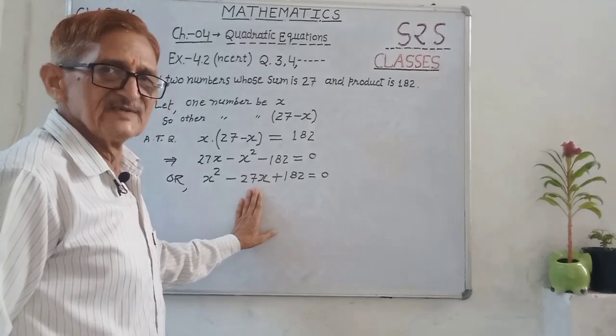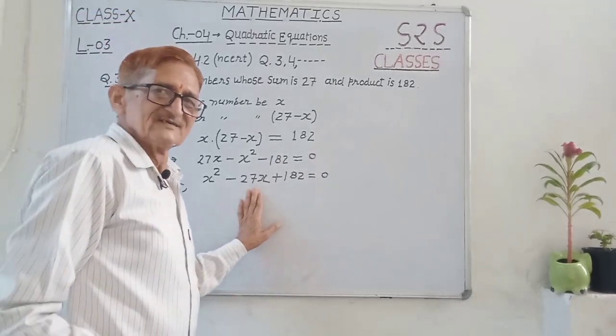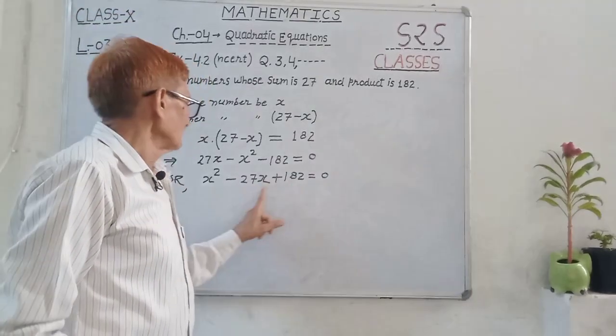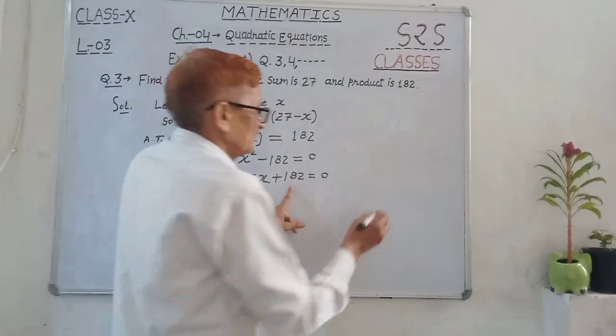Product will be positive and sum will be negative. Clear? Then what are the factors of 182?